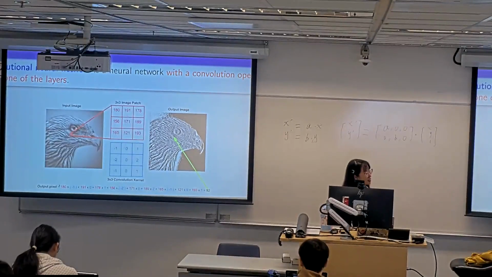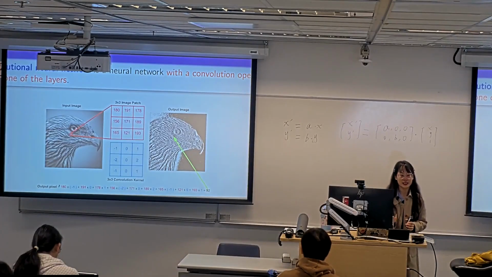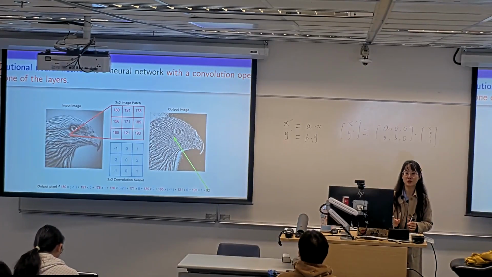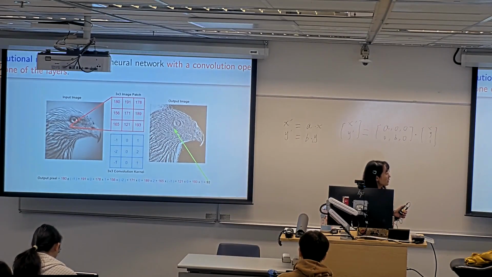This is actually what we have done in the weighted sum of the multi-layer perceptron neural network. Now each pixel is just a node. This node is associated with a weight of -1, and this node is associated with a weight of 0, and so on and so forth.